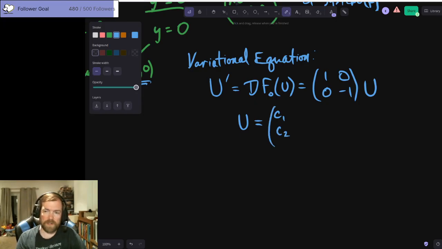Then for our top one, the x function just stays the same all the way through, u prime is equal to u through our x variable, and so this is just going to be e to the t. And then we get a negative 1 on our negative 1 times u in the y position, so this should be e to the negative t.